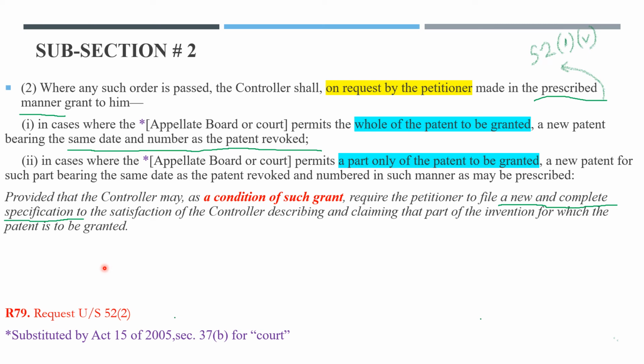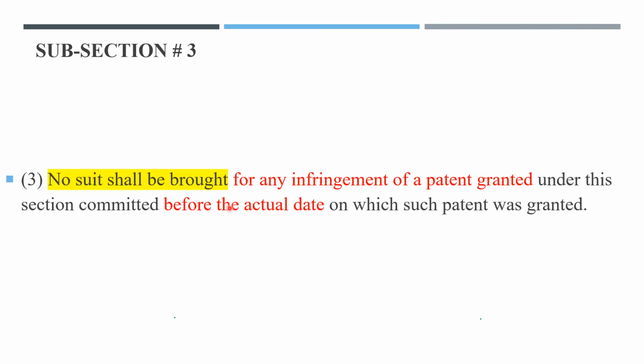Fine. So, next we can proceed to subsection 3. Subsection 3 says, no suit shall be brought for any infringement of a patent granted under this section committed before the actual date on which such patent was granted. Okay, so a negative statement just indicating a particular situation here.